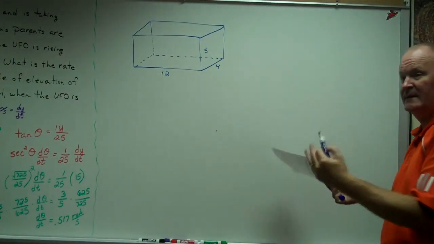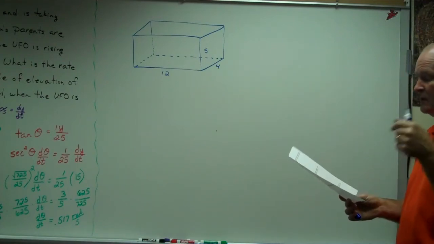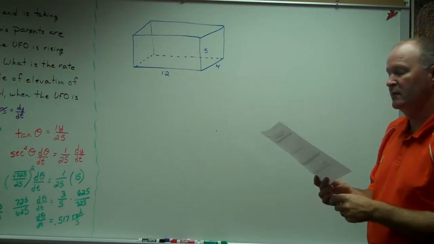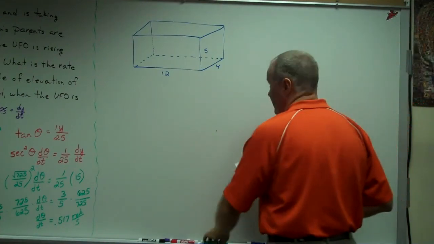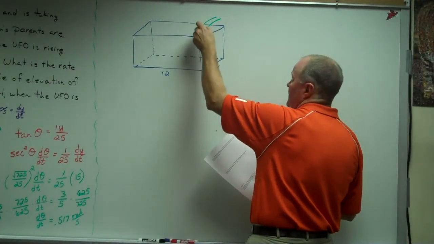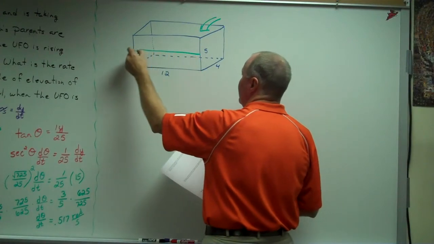Now, that's a prism, correct? So it says water's being pumped into the tank at 133.69 cubic feet per minute. We're using Swan Lake water, so it's green. It's coming in, and water's in here.